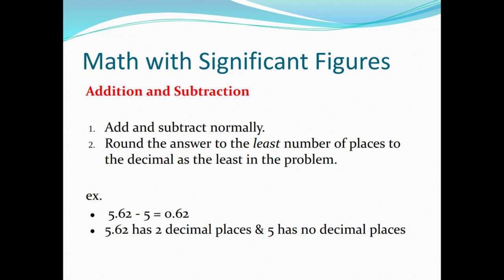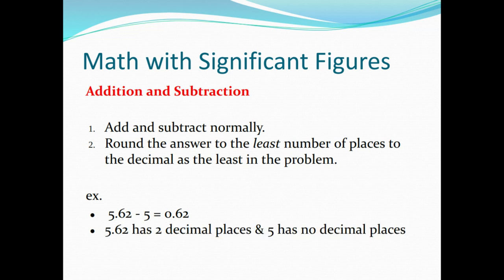What do I have to do? I have to look back at my problem where I have 5.62. 5.62 has 2 decimal places, and 5 has 0 decimal places. The rule tells me that whatever the least amount of decimal places are in my problem, that's all I can have in my answer. So 5 has 0 decimal places, so I have to have 0 decimal places in my answer.